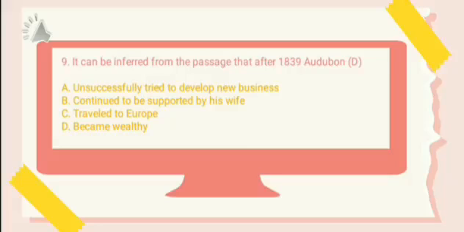So focus on the last paragraph, on the sentence: after the success of the English edition, the American edition of his work was published in 1839, and his fame and fortune were ensured. There it is explained that after 1839, his wealth was assured.